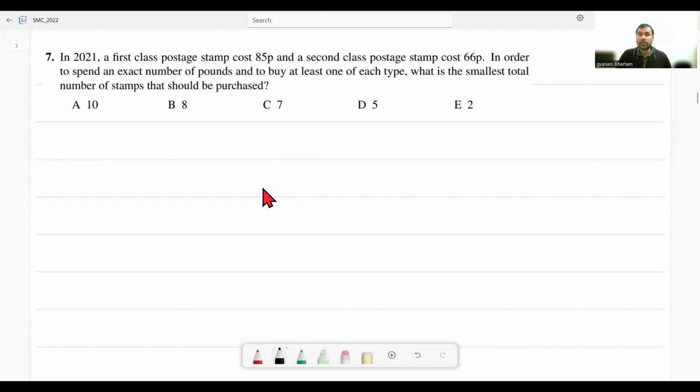Question number 7. In 2021, a first-class postage stamp cost 85 paise and a second-class postage stamp cost 66 paise. In order to spend an exact number of pounds and to buy at least one of each type, what is the smallest total number of stamps that should be purchased?